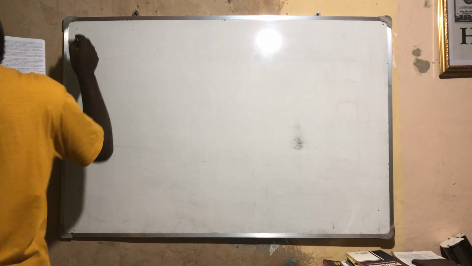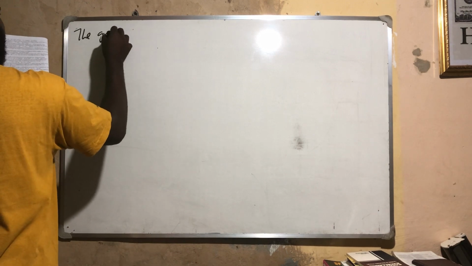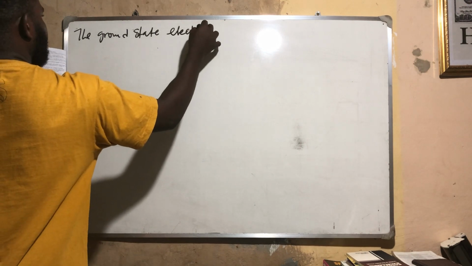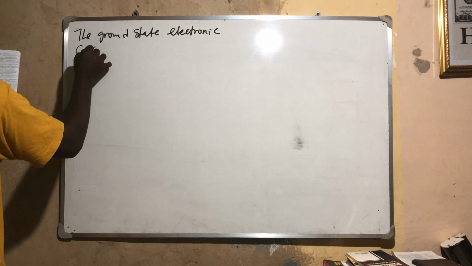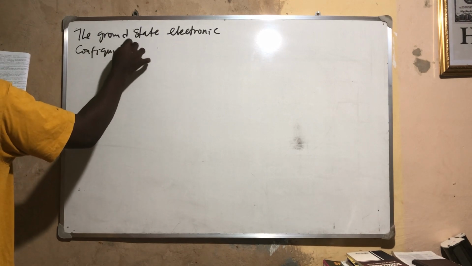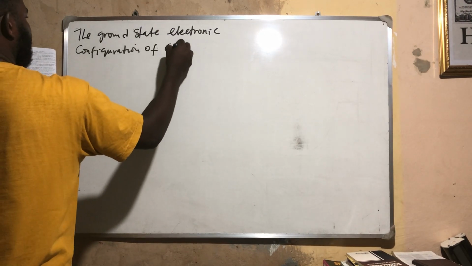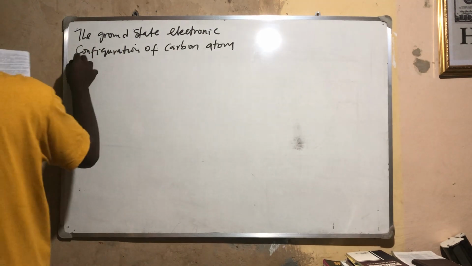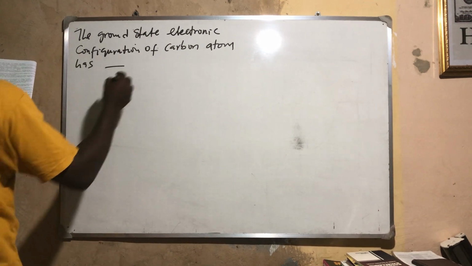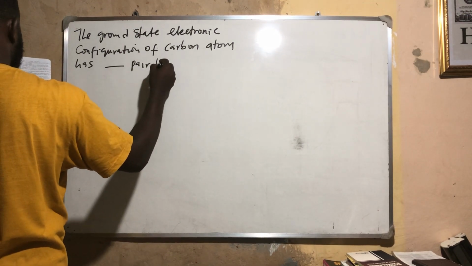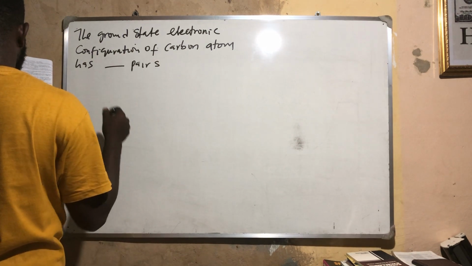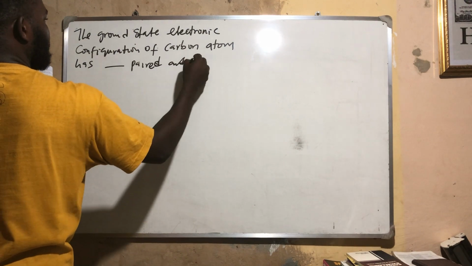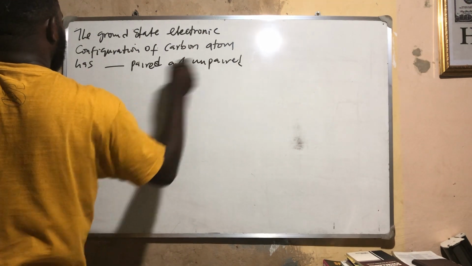So the next one said the ground state electronic configuration of a carbon atom has dash paired and dash unpaired electrons.